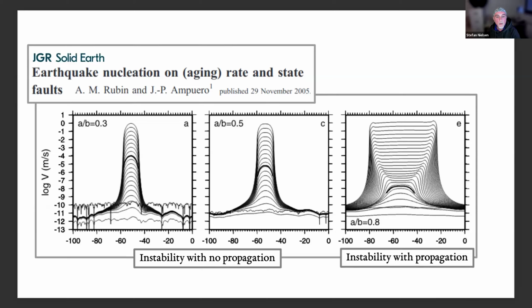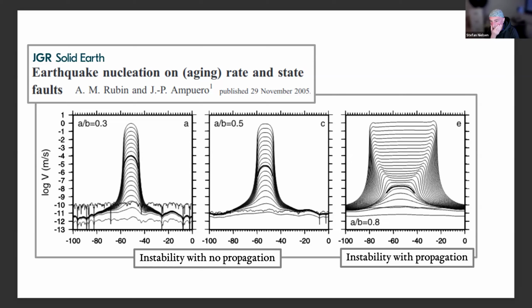Now, I just want to make a parenthesis here. There are, in my opinion, 2 different things. One is instability within a patch that does not necessarily create rupture propagation, but you may just have accelerated sliding within a patch of dimension L_RR, and then it would just die out without inducing any earthquake or any rupture propagation.